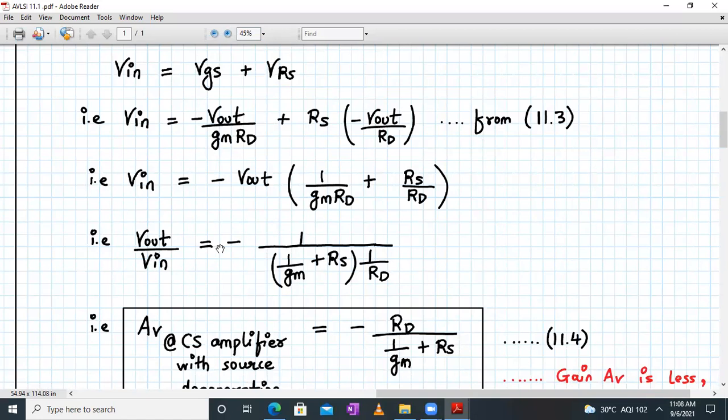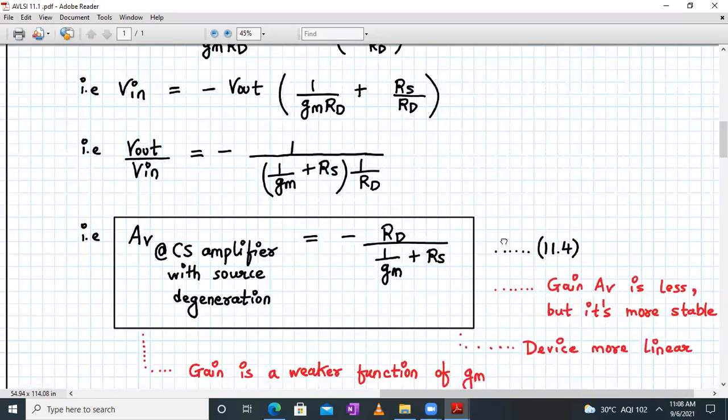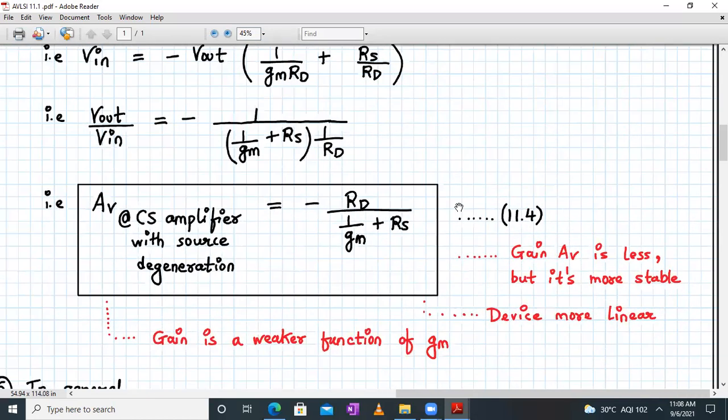So that will be equal to minus of 1 upon gm plus RS into 1 upon RD. So we have taken 1 upon RD outside. Now this RD will go up and we will have the small signal voltage gain for a CS amplifier with source degeneration equal to minus RD divided by 1 upon gm plus RS.